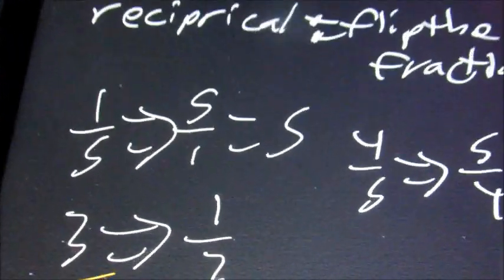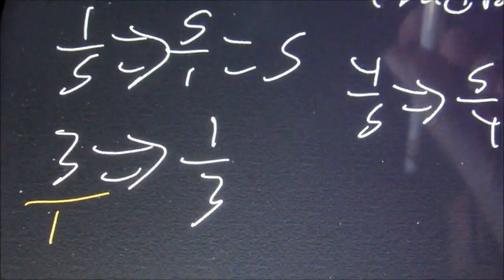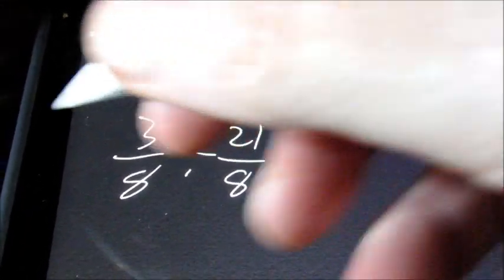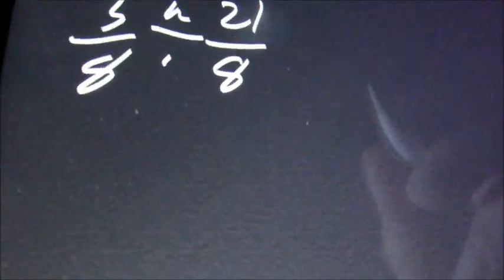So now, looking at dividing fractions, let's say that we have 3 over 8 divided by 21 over 8. So the first thing we're going to do is flip the second one and turn this into a multiplication.